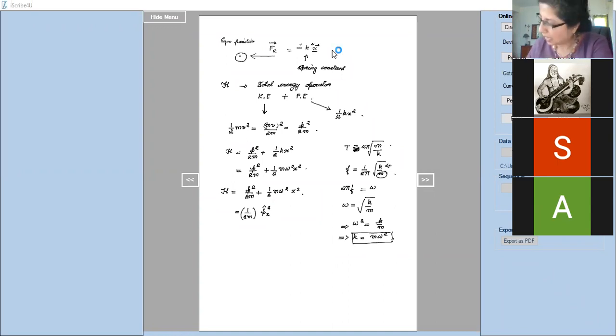And here you have m omega square by 2, which is again a number, and then this operator square. So we are writing this Hamiltonian in terms of one operator square plus another operator square.